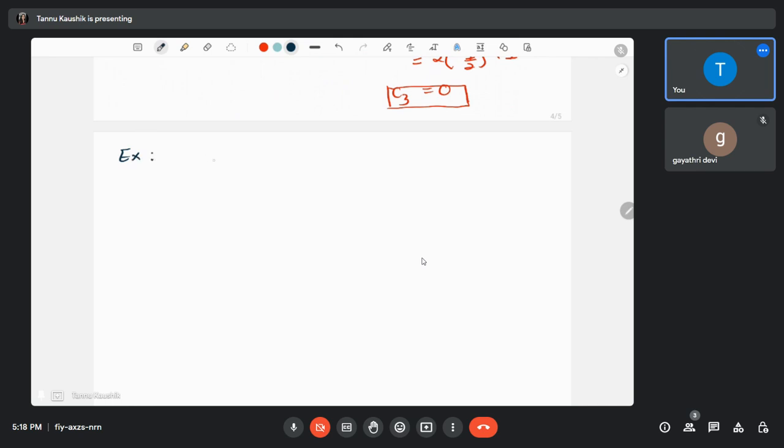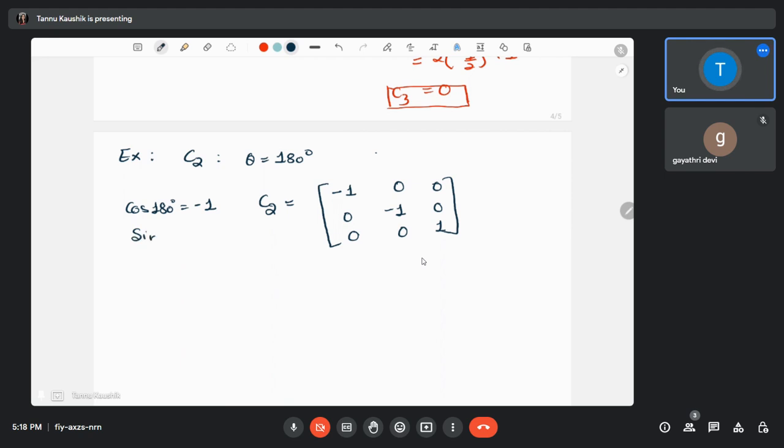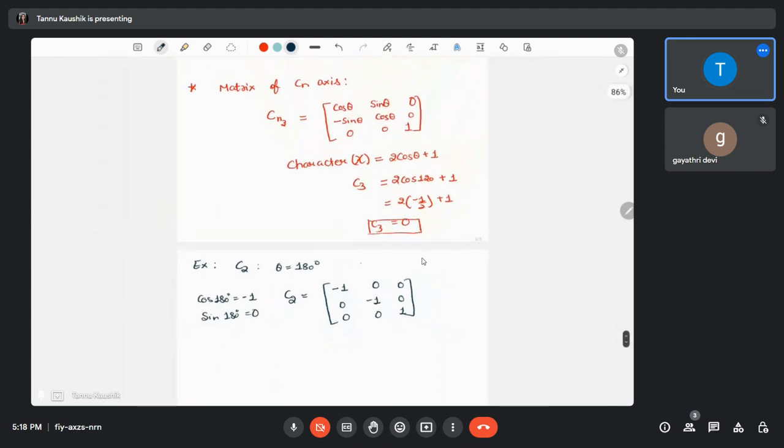So I'm writing the examples over here for C2 axis. Theta is 180 degrees. So the matrix for the C2 axis will be minus 1, 0, 0, 0, minus 1, 0, and 0, 0, 1, since cos 180 is minus 1 and sin 180 is 0.